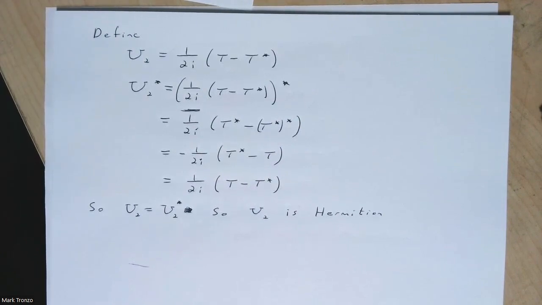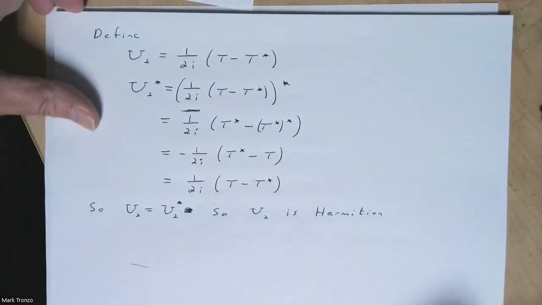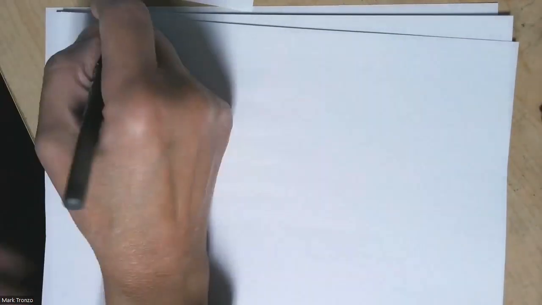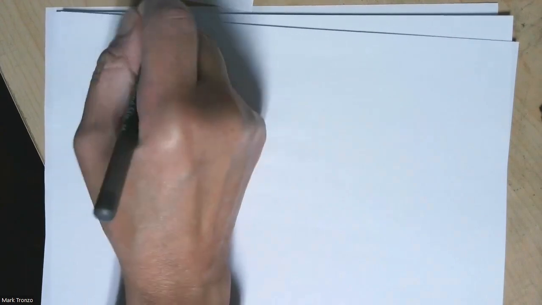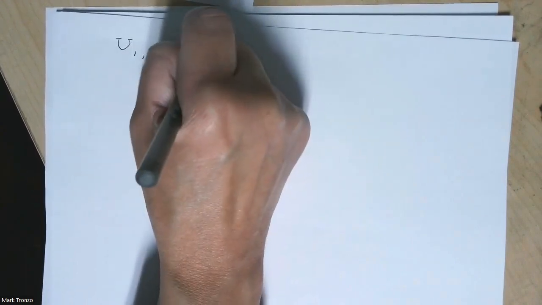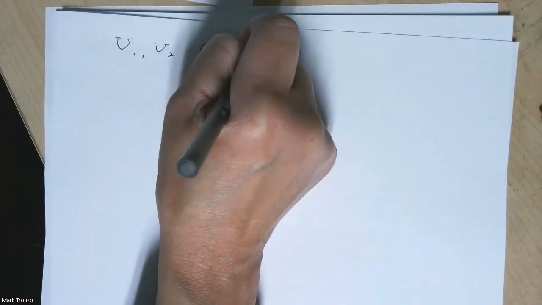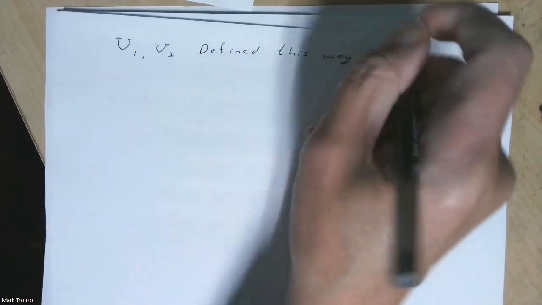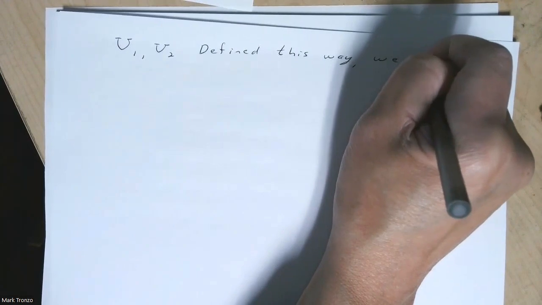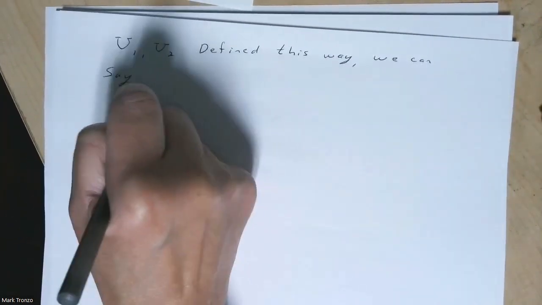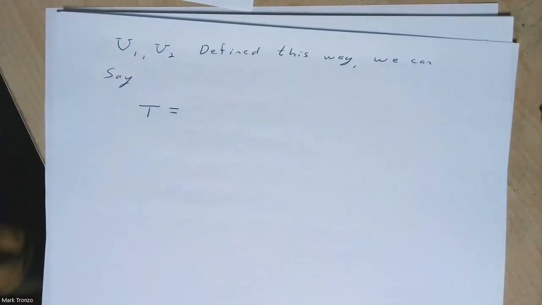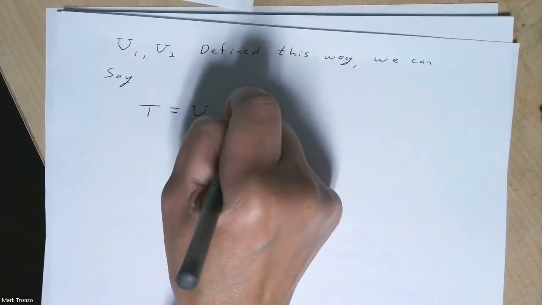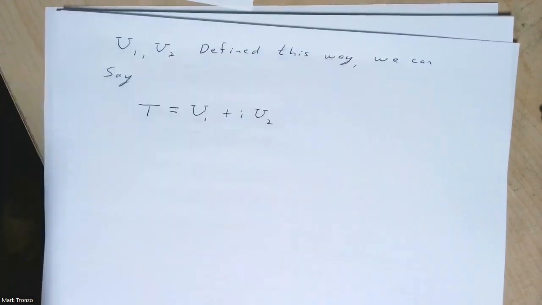Then finally, something interesting you can do with both of those, u1 and u2 defined this way: we can say that our original operator T can be written as u1 plus i u2.